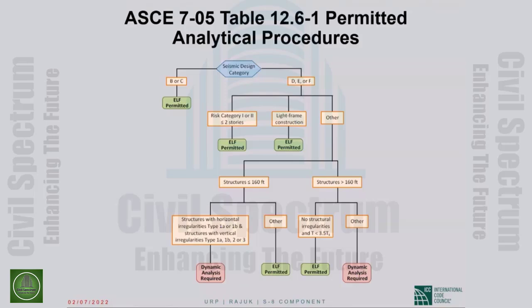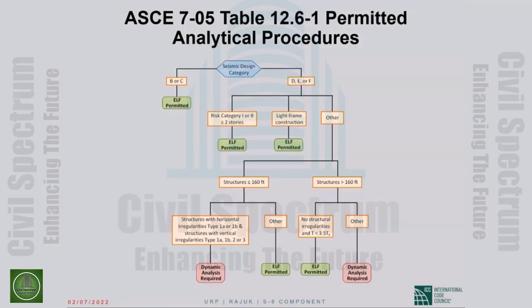Anyway, so if it is a structure less than or equal to 160 feet, which is the vast majority of structures, then among the different types of irregularity that we have, remember 5 types of horizontal, 5 other types of vertical irregularity.